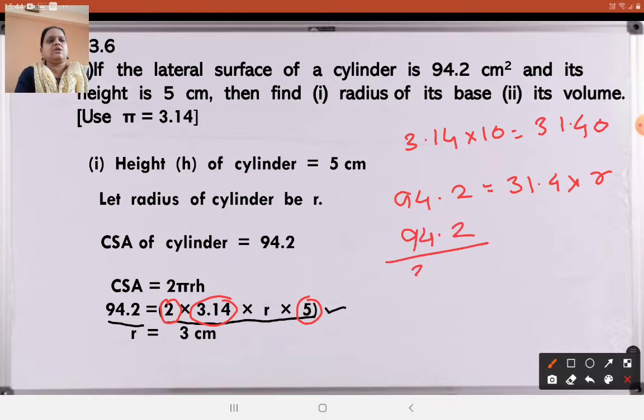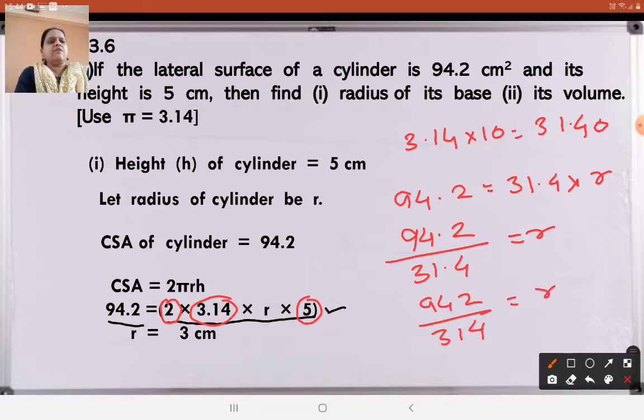So 94.2 upon 31.4 equal to r. Now in the numerator as well as the denominator there is one digit after the decimal point, so we can cancel it and write it as 942 upon 314.